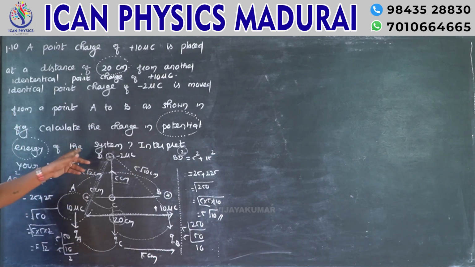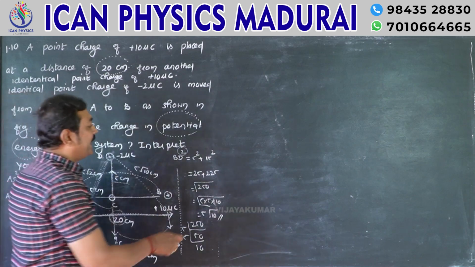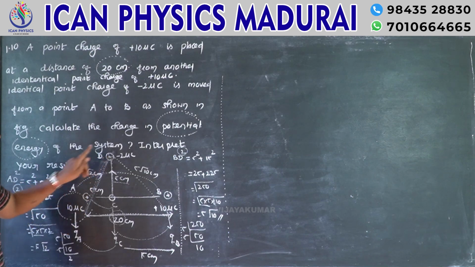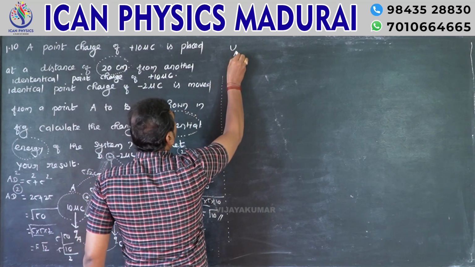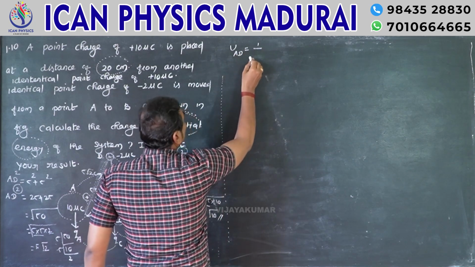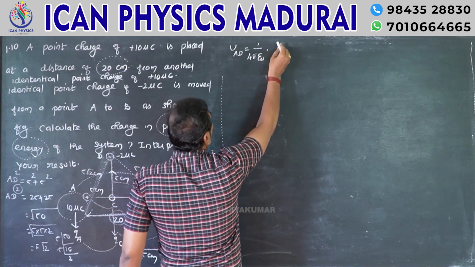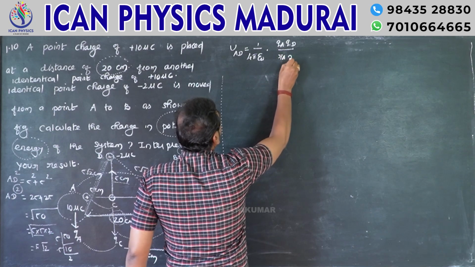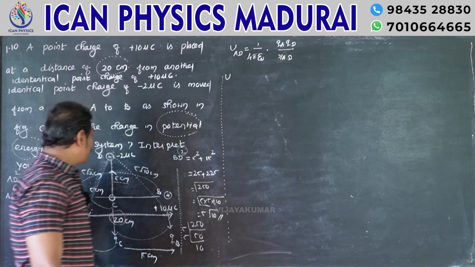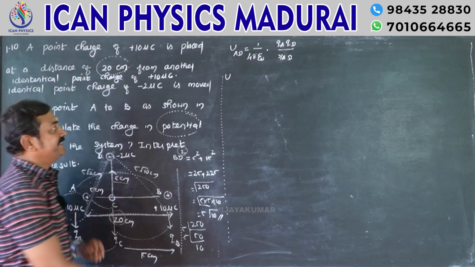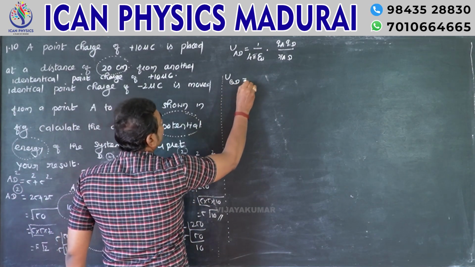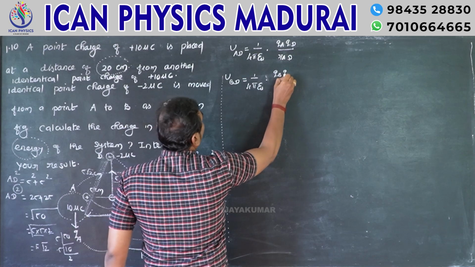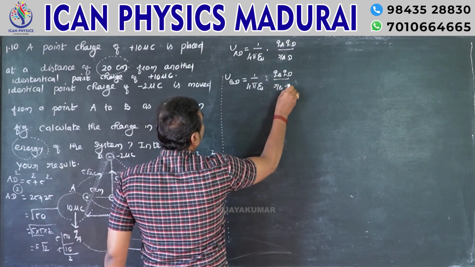Okay, so now we have to calculate the final electrostatic potential energy. What is the potential energy between A and D? Electrostatic potential energy between A and D is 1 by 4 pi epsilon 0 QA into QD by RAD. Electrostatic potential energy between B and D is equal to 1 by 4 pi epsilon 0 QB QD by RBD.